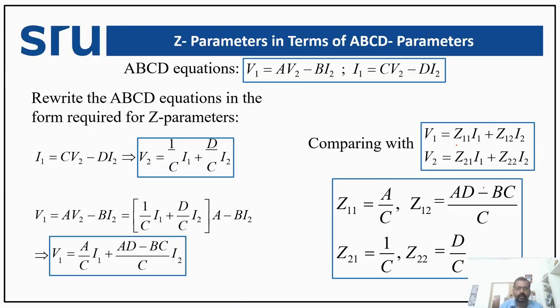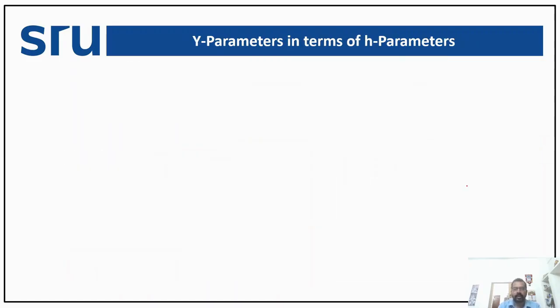Now let us see another parameter conversion, that is Y parameters in terms of H parameters. Now we are going to convert from Y parameters in terms of H parameters. So what should we do? We should take first the H parameters. What is H? It's the hybrid parameters. So you're going to have one equation with V as a dependent variable and another equation with I as a dependent variable.